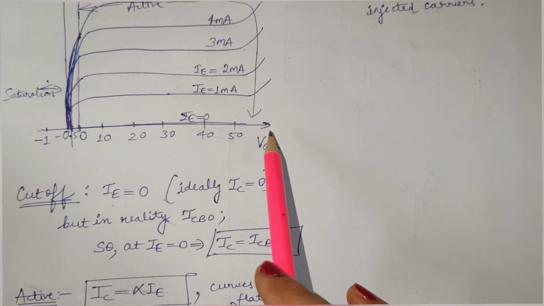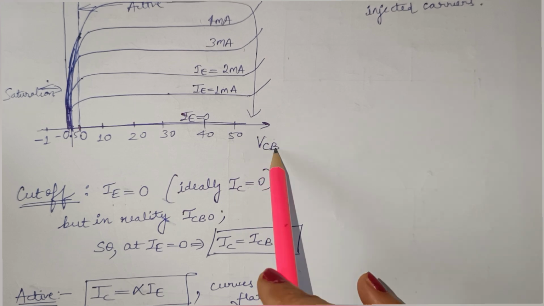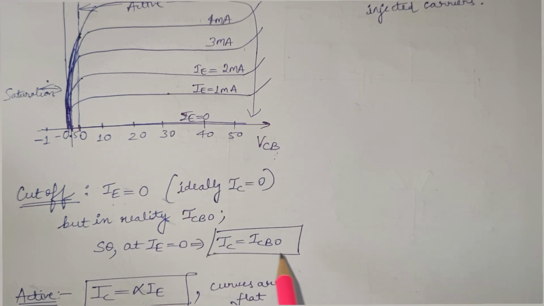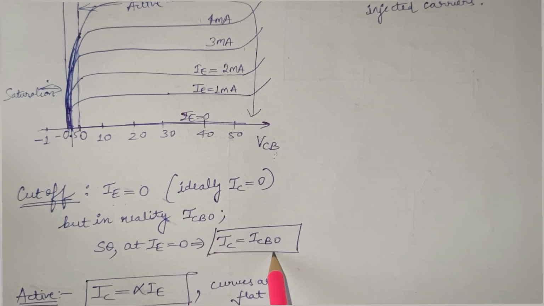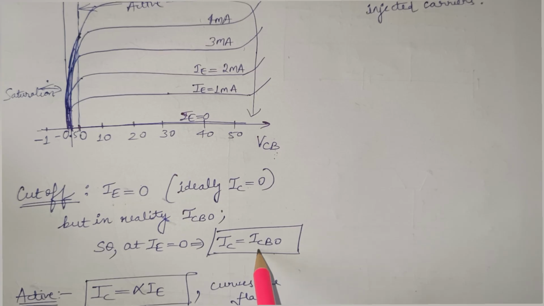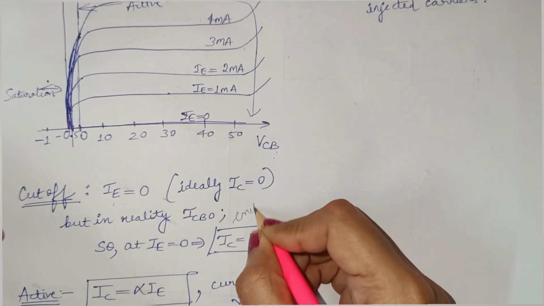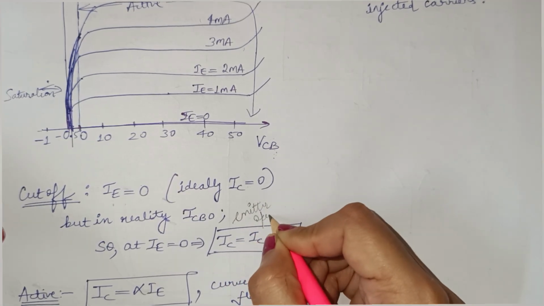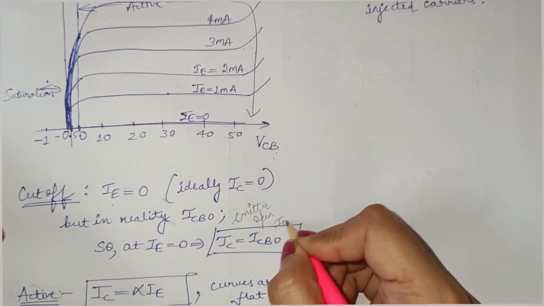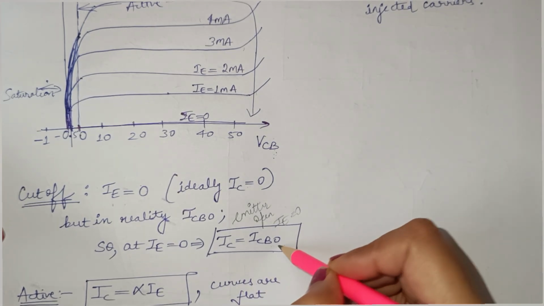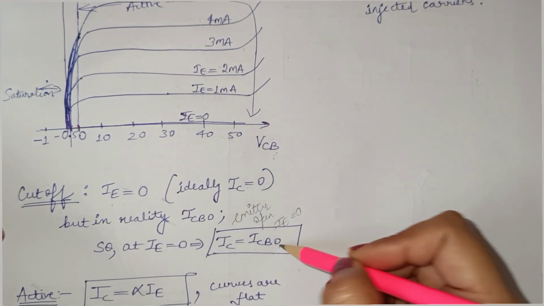So CB is reverse biased, and because of this reverse bias voltage, IC is not equal to 0, but it is equal to ICBO, that is collector to base current with emitter open. Emitter open means open circuit, which means IE is 0. So when IE is 0, we have the notation ICBO, that is collector to base current with emitter open.